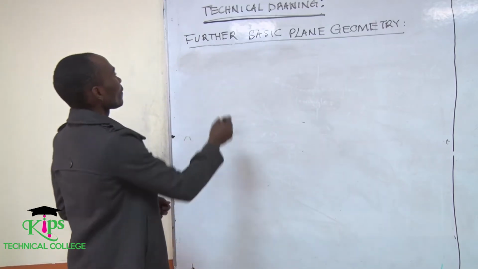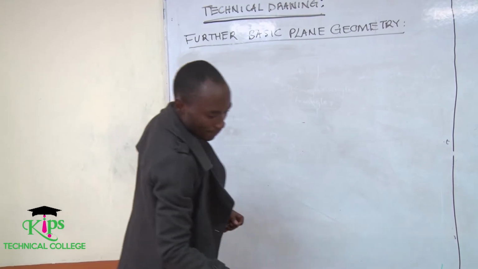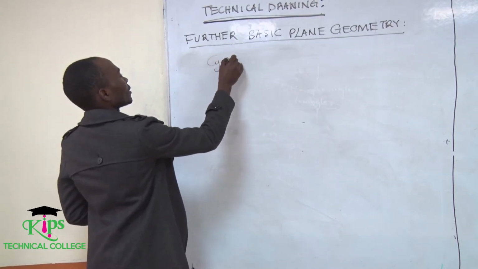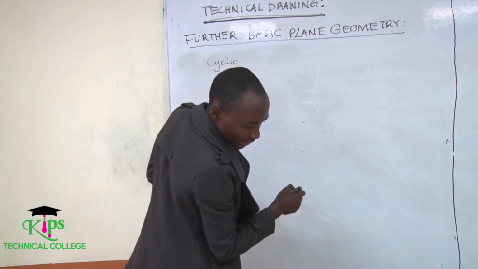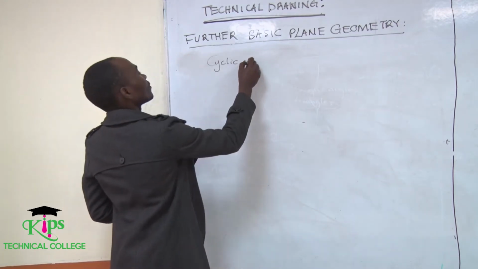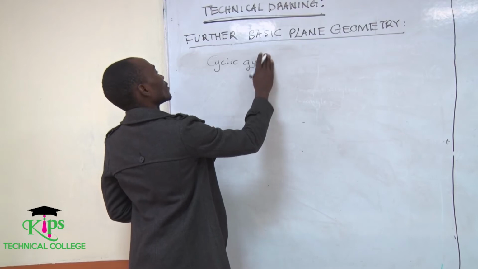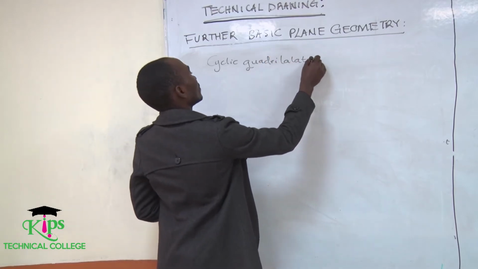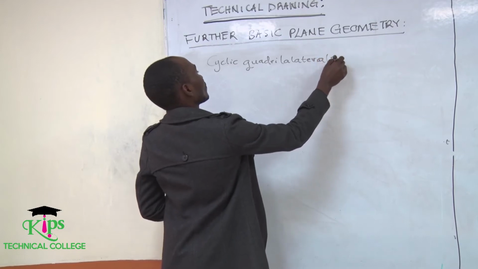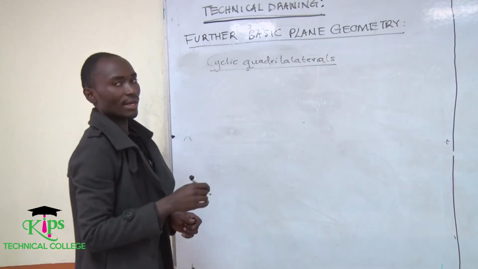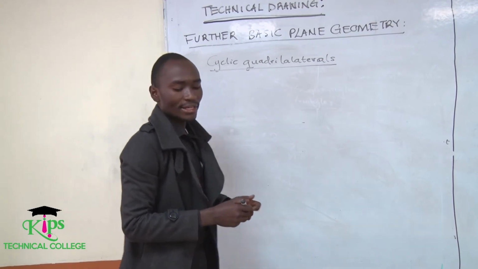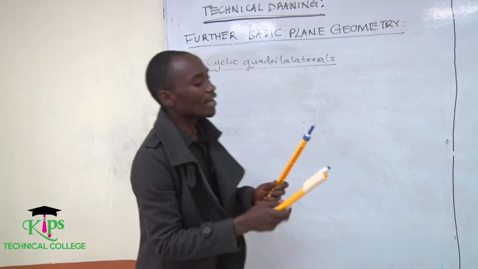We call that one cyclic quadrilaterals. And to get cyclic quadrilaterals, we normally get them from a circle.